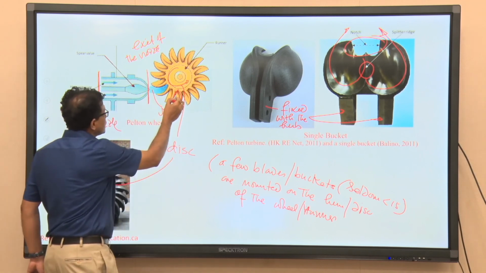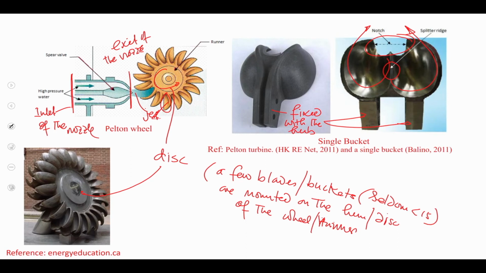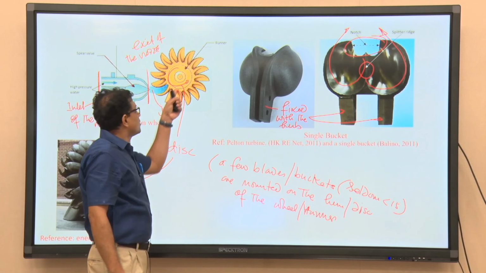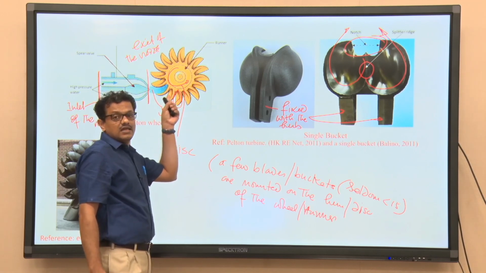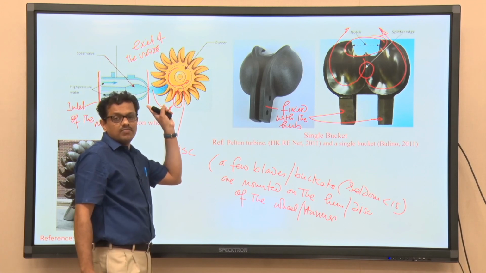So, we should be careful while designing the bucket so that the jet will not create any resistance to the movement of the wheel by striking the blade which is going to come.